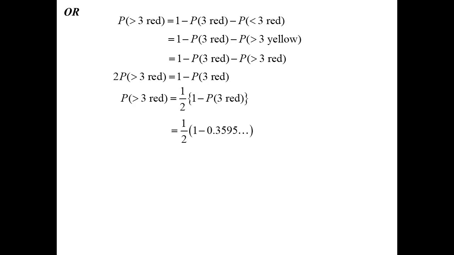So I can treat this like an equation now and move the probability of greater than 3 red to the left-hand side. So I have 2 lots of the probability of greater than 3 red is 1 minus the probability of 3 red, and that's what we worked out in part A. So it'll be half, because I don't want 2 lots of the probability, I only want 1 lot, of 1 minus the answer we got before, and we end up with 0.32, the same answer. So that's how I could have used part I.